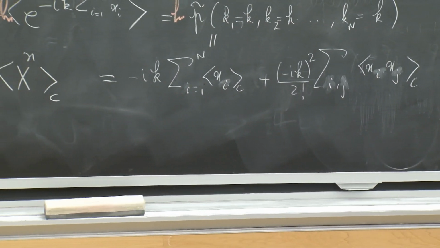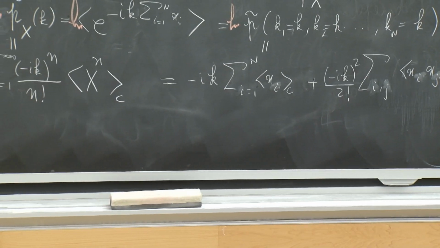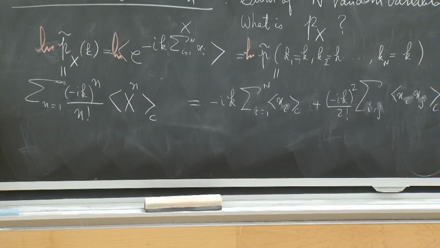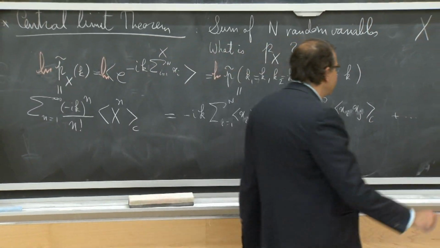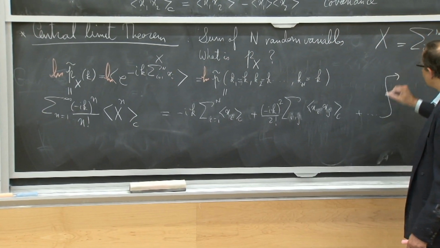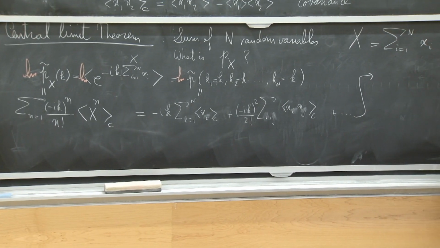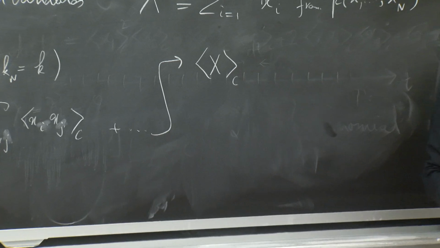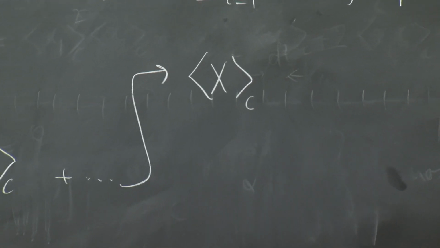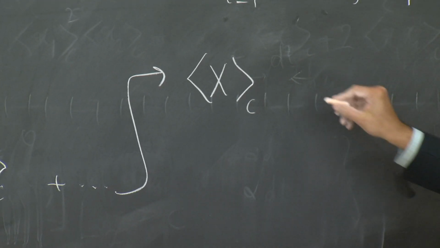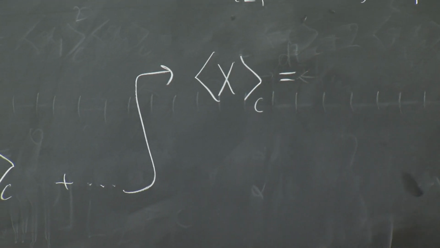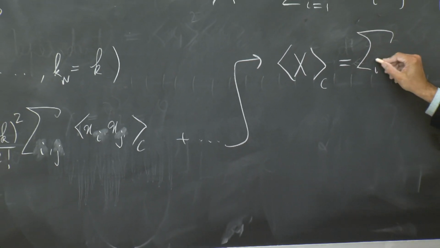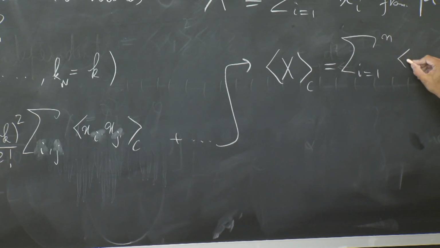Essentially, matching the coefficients of minus ik from the left and minus ik from the right will enable me to calculate relationships between cumulants of the sum and cumulants of the individual variables. The first of them is not particularly surprising. You would say that the mean of the sum is the sum of the means of the individual variables.